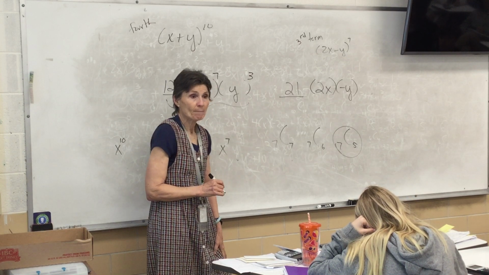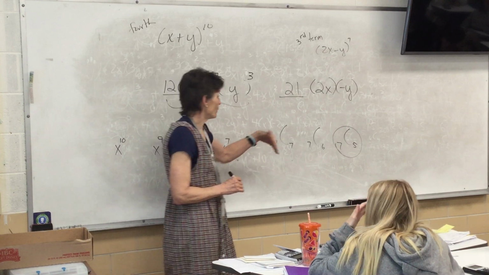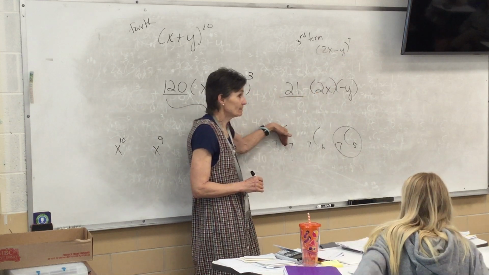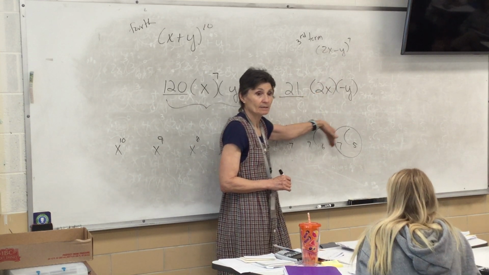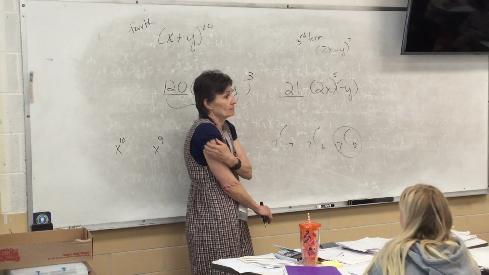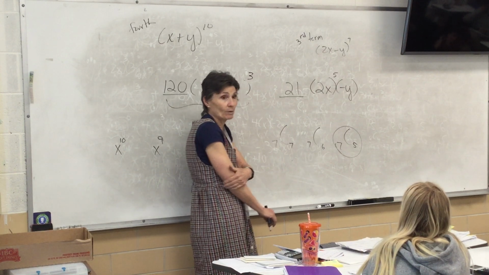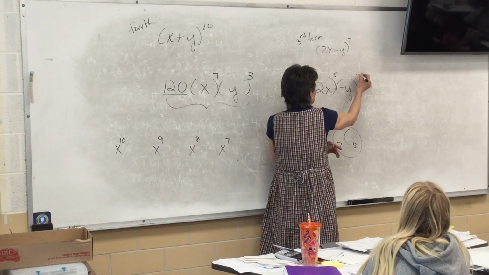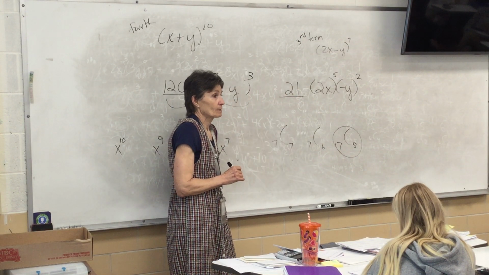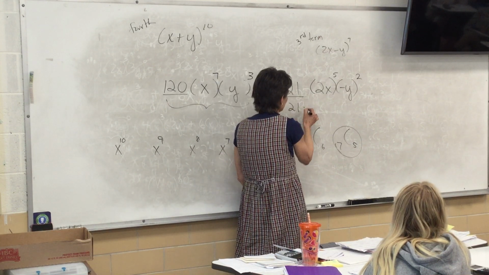Now we have to put on the powers. Remember how Jeff did that before? We know the first term, the x power would be 7, 6, 5. So my x power is 5. And if my x power is 5, then my y power is 2. And now I simplify. So I've got a 21.